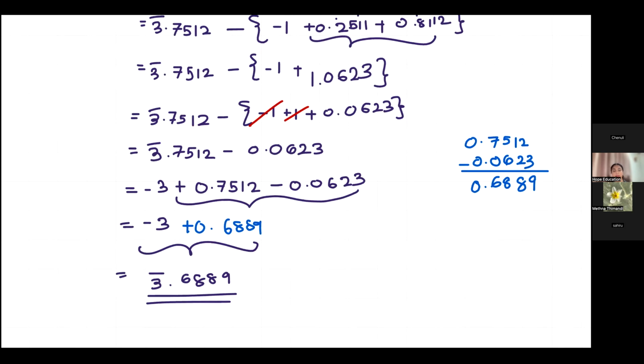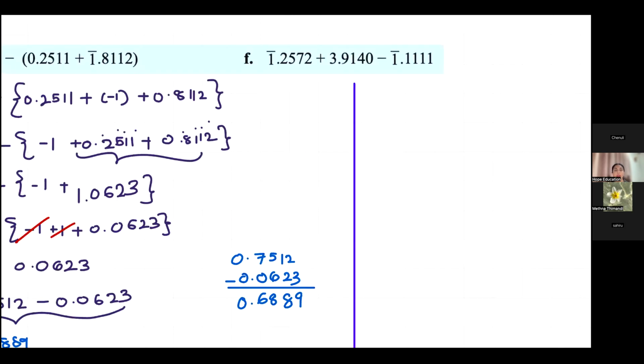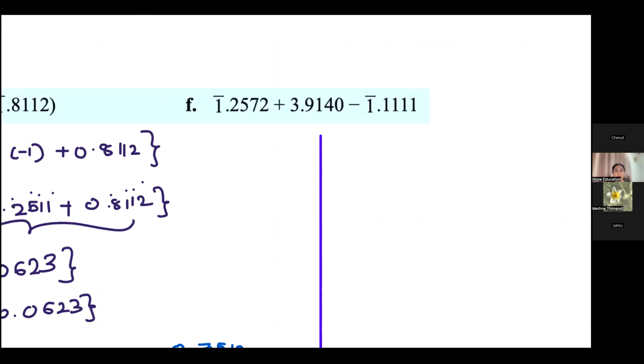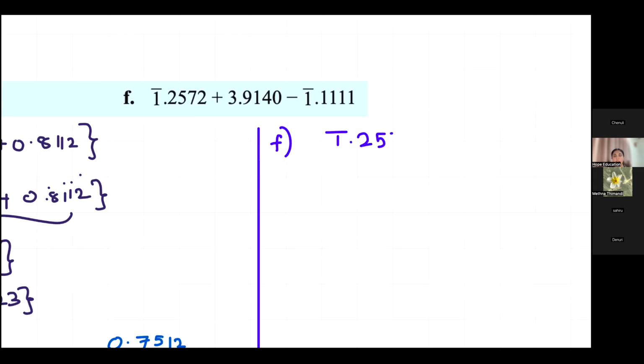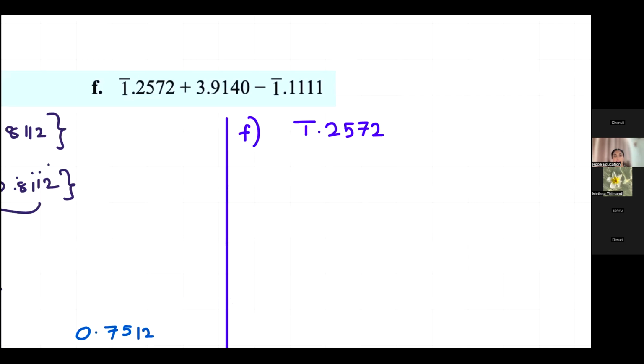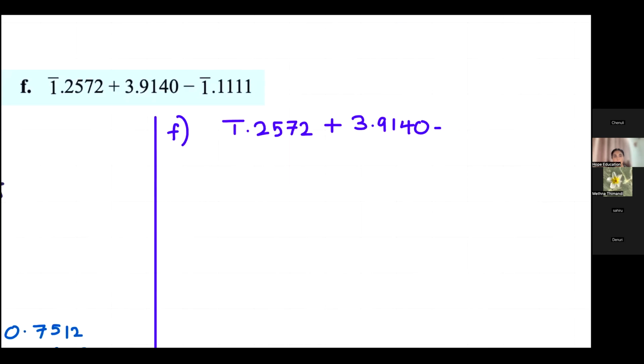F. Bar 1.2572 plus 3.9140 minus bar 1.1111.